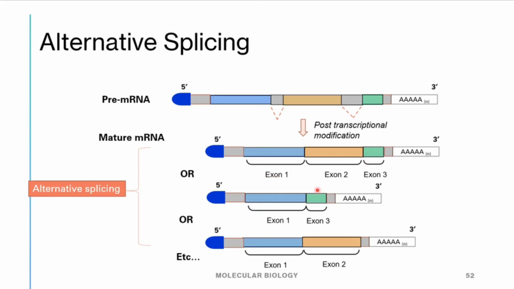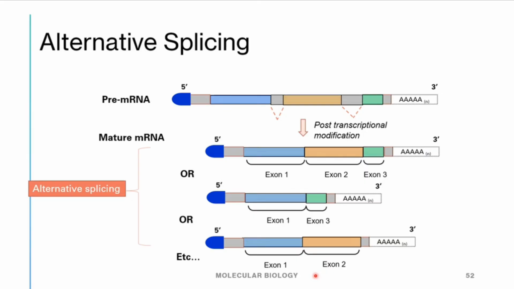Sometimes when we are trying to connect the exons together, exon 2 might get missing, and we have new variants of the mRNA that has exons 1 and 3 together. Similarly, we can have a new variant of mRNA that has exons 1 and 2 together, or mRNA that has 2 and 3 together, or even mRNAs that have only one exon.